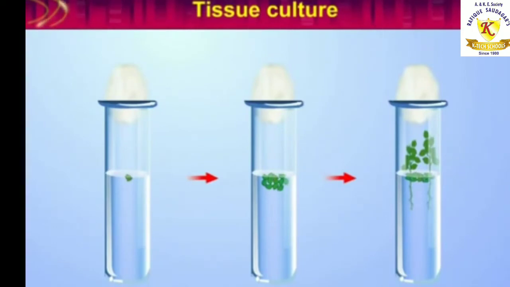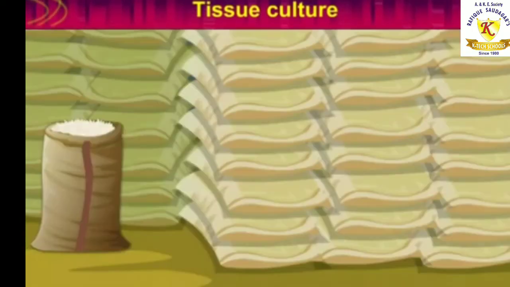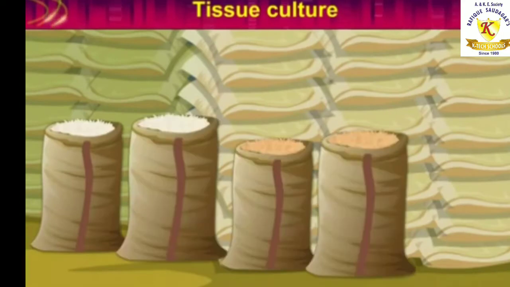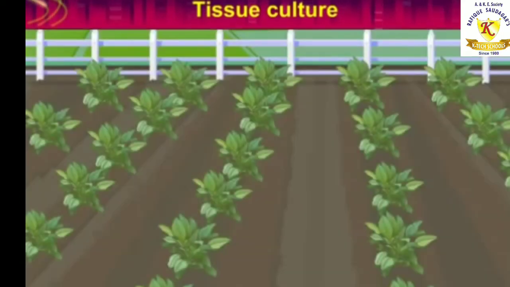Tissue culture is another technology which helps to keep pace with increasing food demands and to provide a sufficiently fast and efficient system for crop improvement. Cellular totipotency.